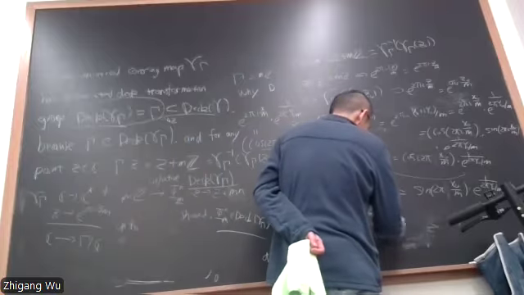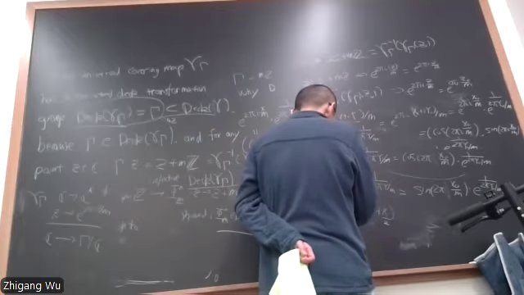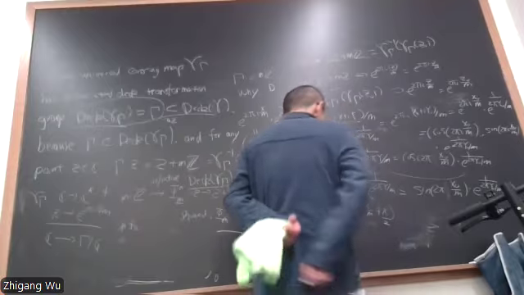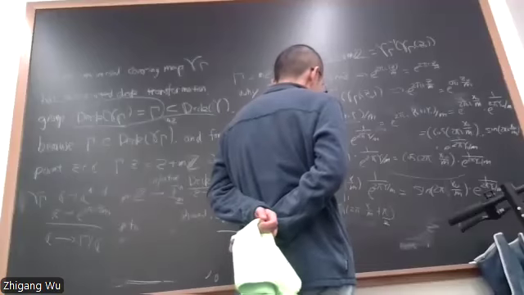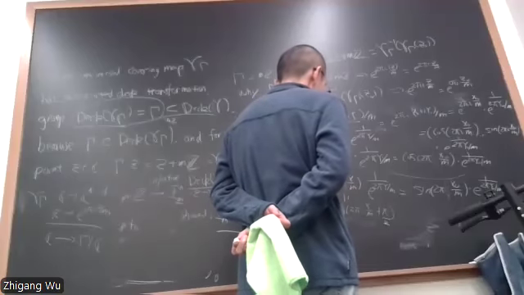I think we can get the sine of this one is equal to cosine of this one plus pi over two, right?